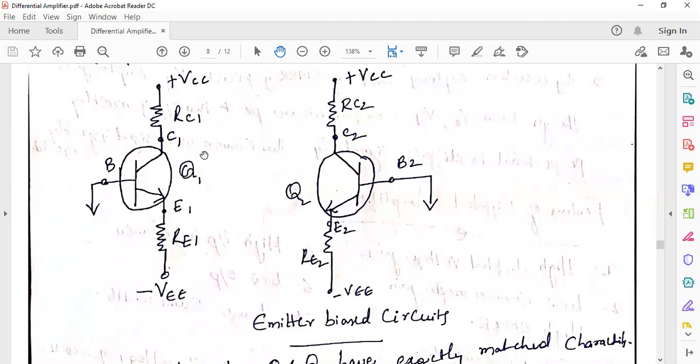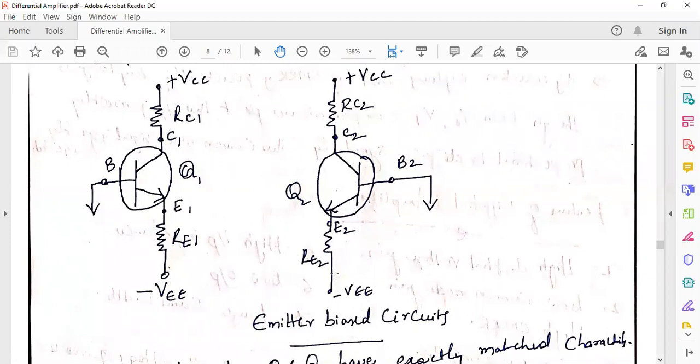First one, Q1 and Q2 have perfectly matched characteristics, and the resistance of collector 1, RC1, and the resistance of collector 2, RC2, both are identical. Similarly, the resistances RE1 and RE2 are also identical.